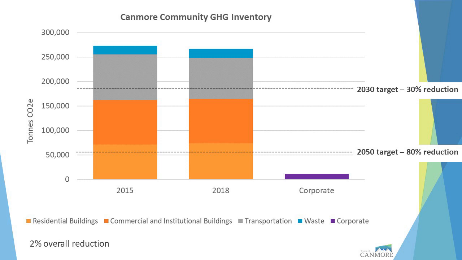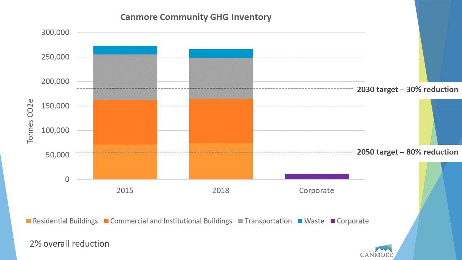And I have been trying to show the message that we need to really align our resources and level of effort with our biggest sources of GHGs. The other way it's been valuable is that we are doing a lot of great work corporately. So here's our corporate inventory compared to our community inventory. We have control over those emissions, and we have control over our own buildings.